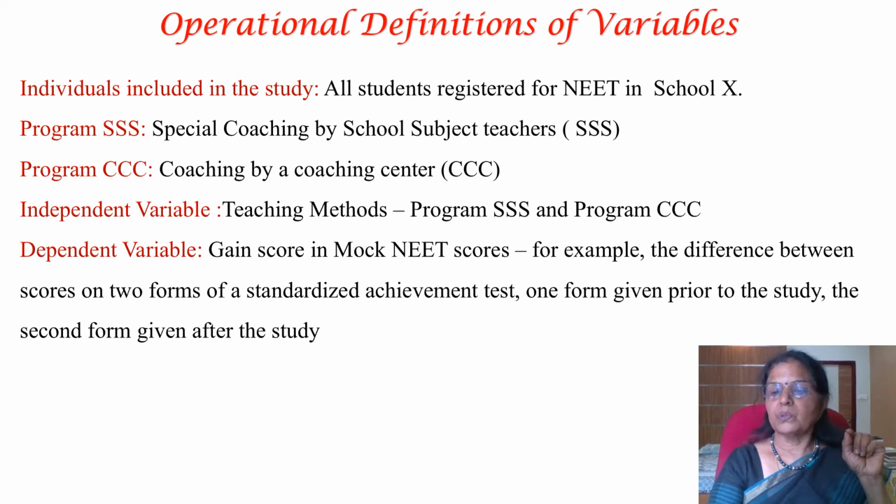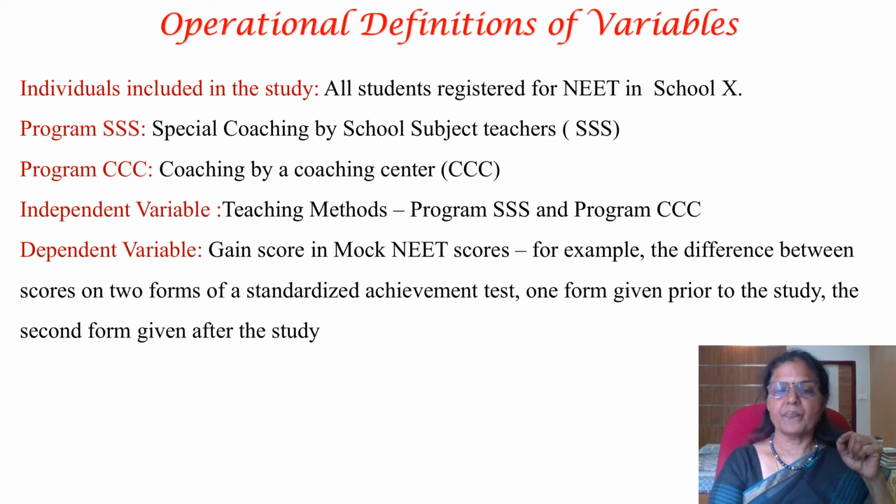Now I know you all want an example. Yes, we need examples to get the real meaning. Now here we go. We will use the same example cited before for learning what an operational definition is. Now what is the problem statement there? A study of the effects of two teaching methods, namely SSS and CCC, on the NEET score of students in school.